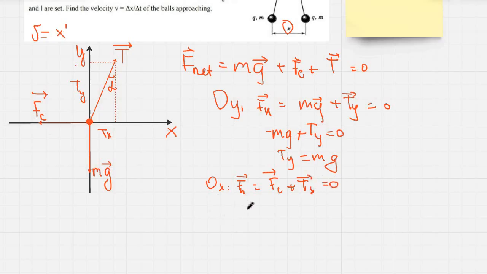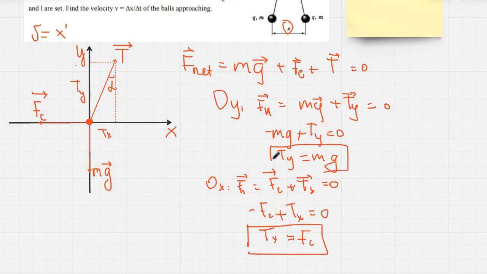Now let's write it with signs. The electrostatic force will have a minus sign, and our Tx will be plus, and it equals 0. So the tension force acting on the x-axis equals the electrostatic force.